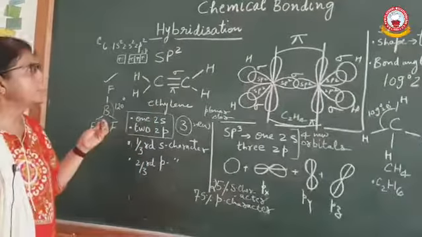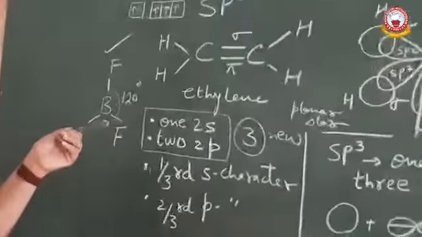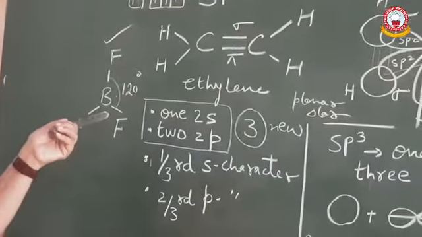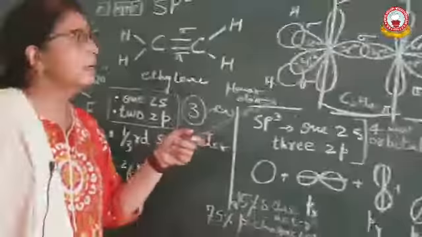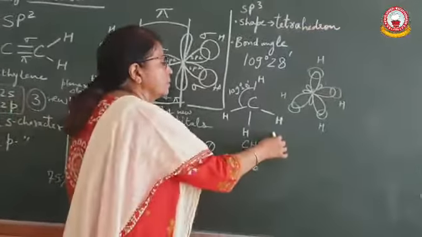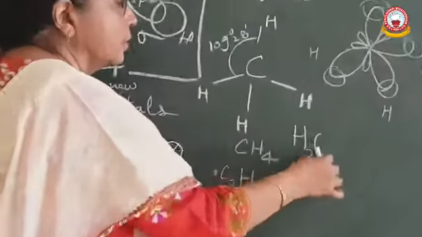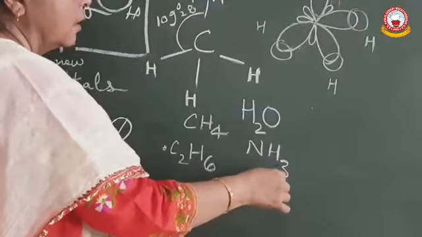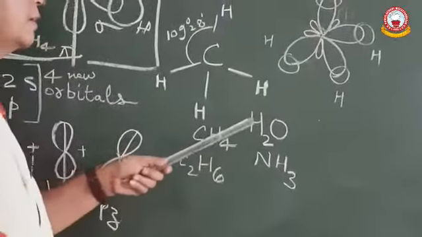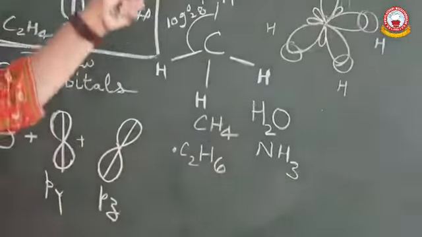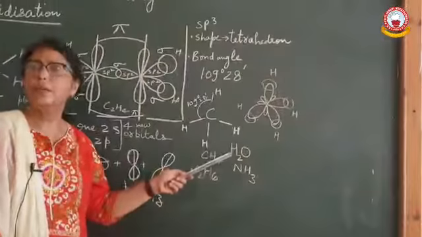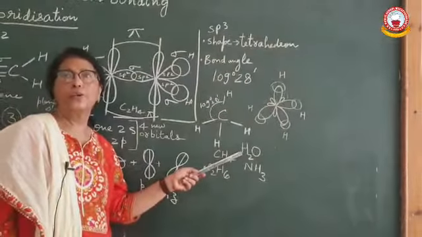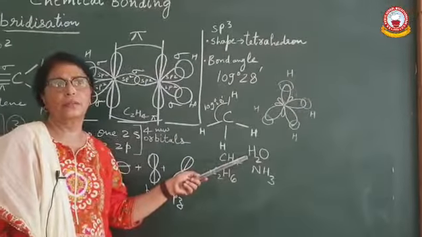The inorganic molecule taken here is boron trifluoride. Water, ammonia, all these are examples of sp3 hybridization. So, this we will discuss later on. These are the molecules in which sp3 hybridization is there and lone pairs of electrons are present.